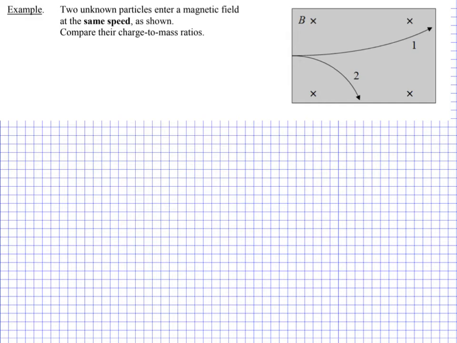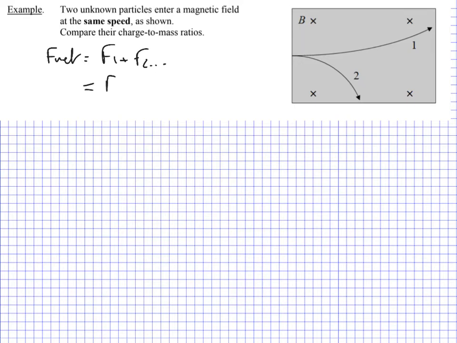Okay, so first things first, we should be pretty comfortable by now looking at these magnetic fields and curving particles going through them. But just to reiterate from the beginning, when we do our F-nets, and F-net is the sum of all forces, and in these particular particle accelerators, there is only one force.